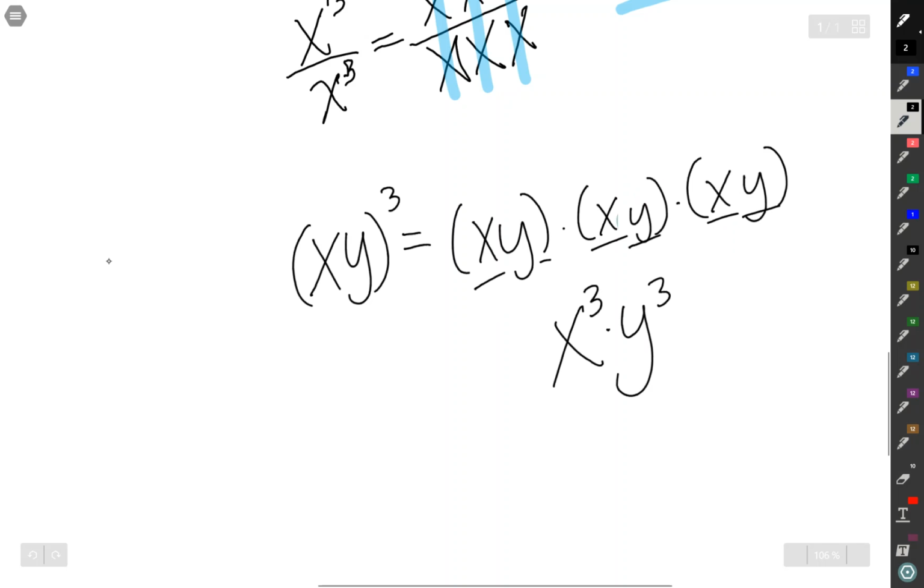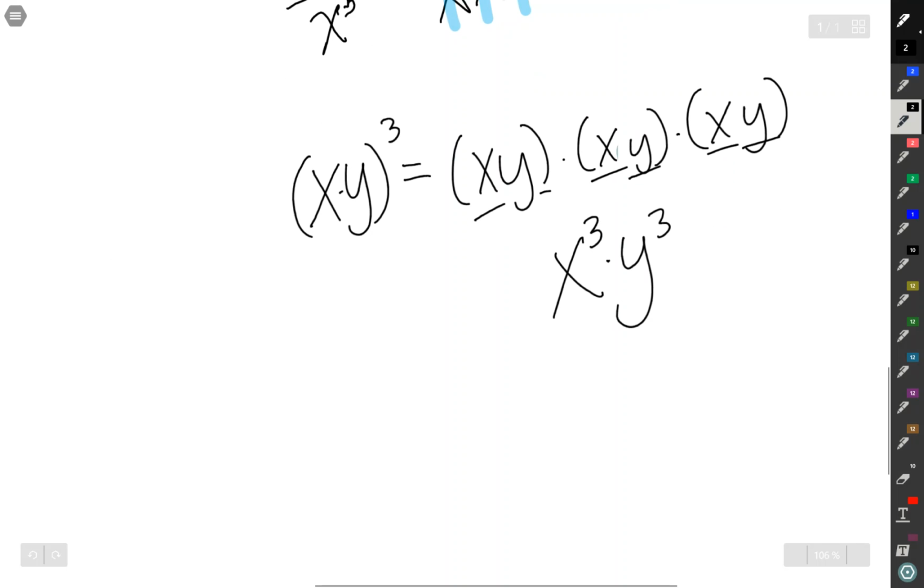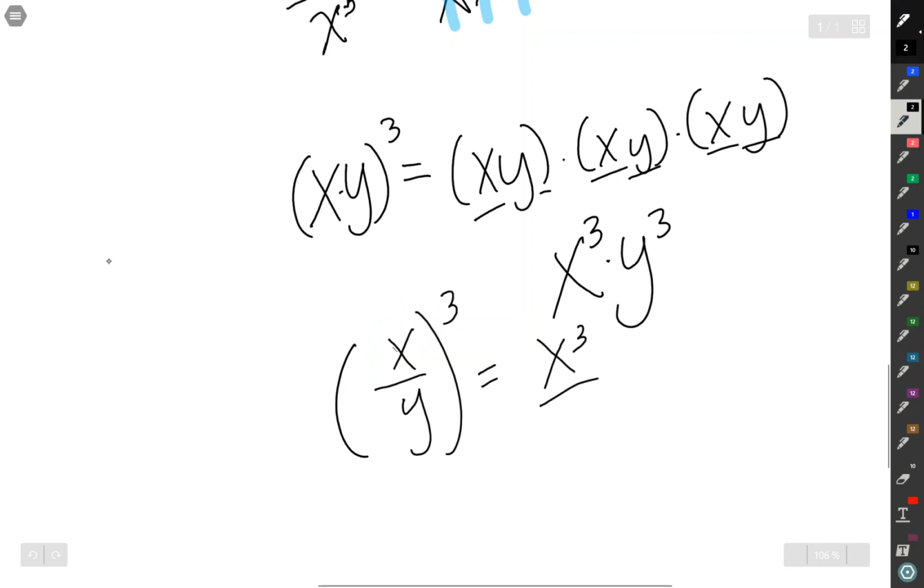Y is also, there's 3 of them multiplying, so that's y cubed. Now this only works for multiplication. It also works for division. If I have x over y to the 3rd, that would be x to the 3rd over y to the 3rd.